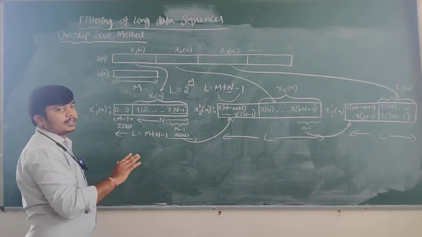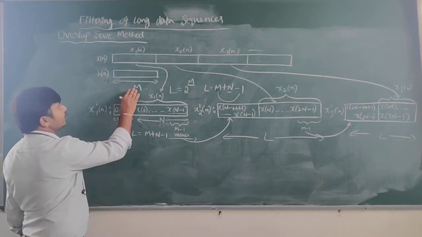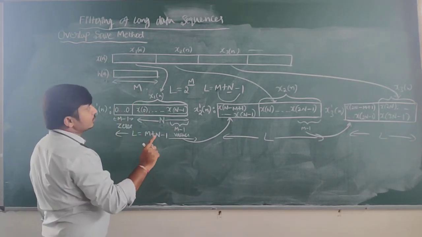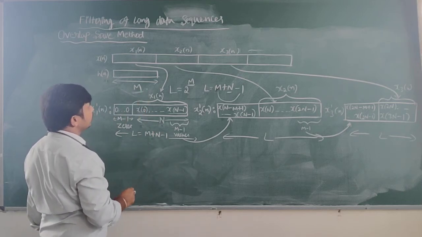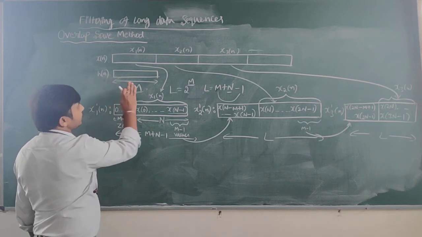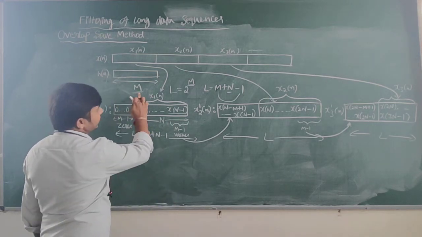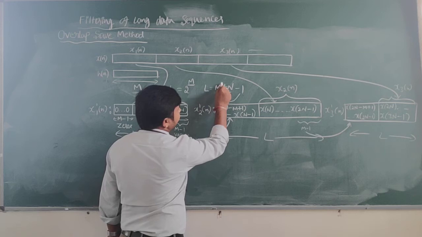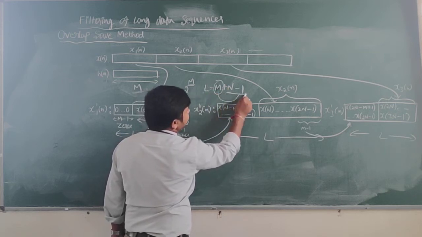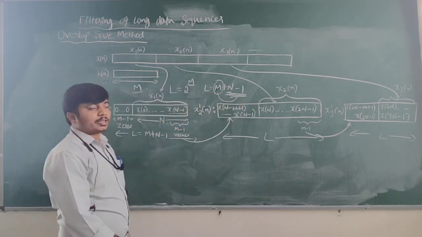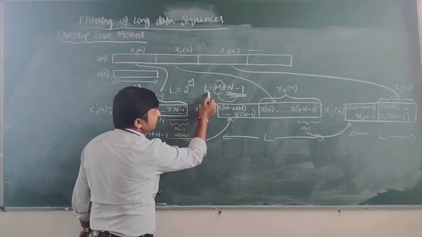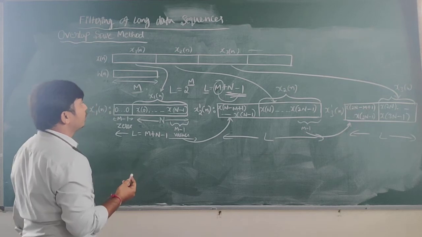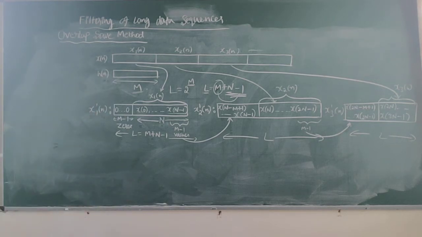I need to make this length equal to L. So how many zeros do I need to add to this sequence to make h of n equal to L? Here the length is m, so I need to add n minus 1 zeros. If I add n minus 1 zeros to this, the length will be equal to L. So I add n minus 1 zeros to this h of n.